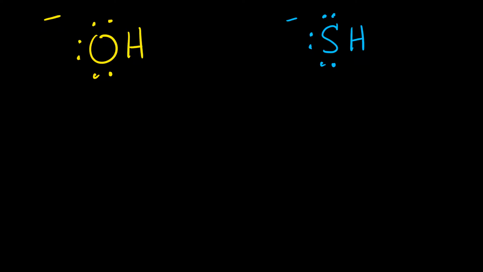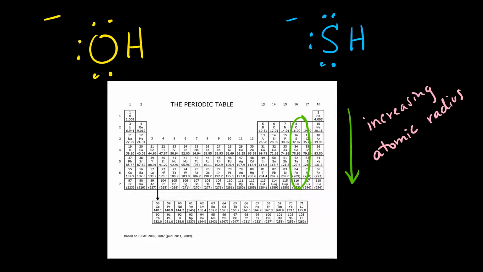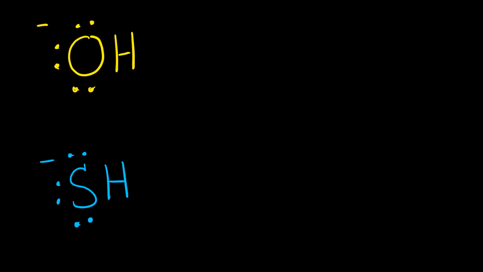So what this really gets to is what is different between oxygen and sulfur. As you can see from the periodic table, they're situated in the same group, which is circled there in green. And you have to also remember that as you go down the periodic table, there's an increase in atomic radius. The bottom line is that sulfur has more room or volume for the electrons to spread out over.